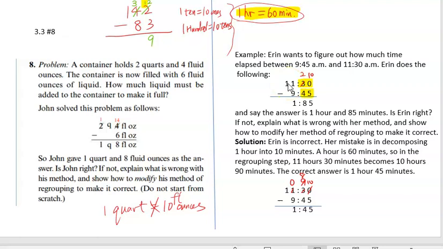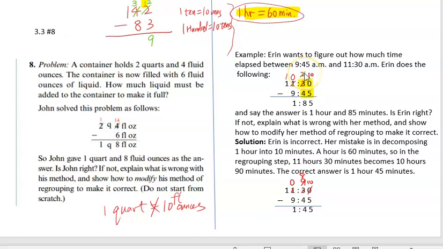So the mistake the student made here, Erin, she thought, I guess we all know 1 hour is 60 minutes, but maybe she's not paying attention. She's trying to do something similar to what we did when subtracting numbers. So borrow 1 hour from here, that will reduce that down to 10 hours. And then she turned that 2 into a 12.